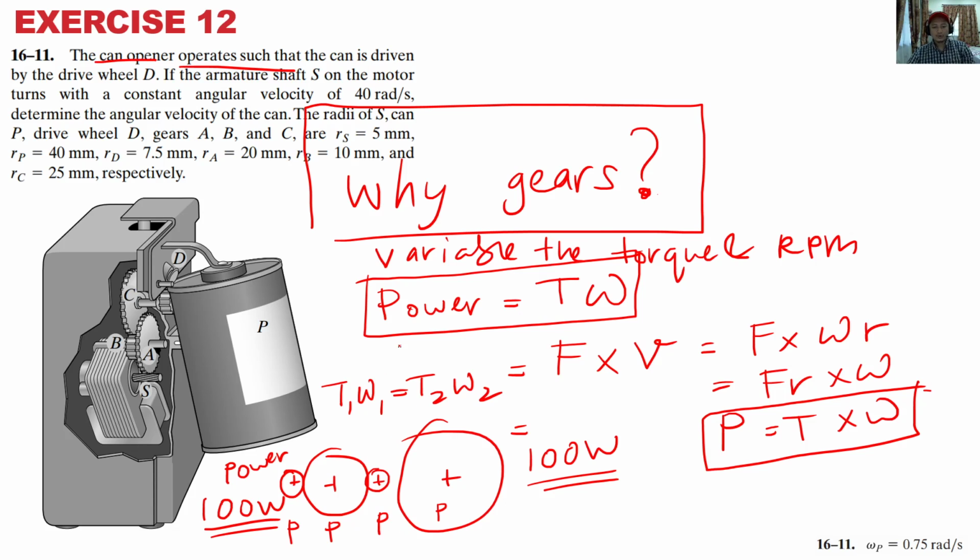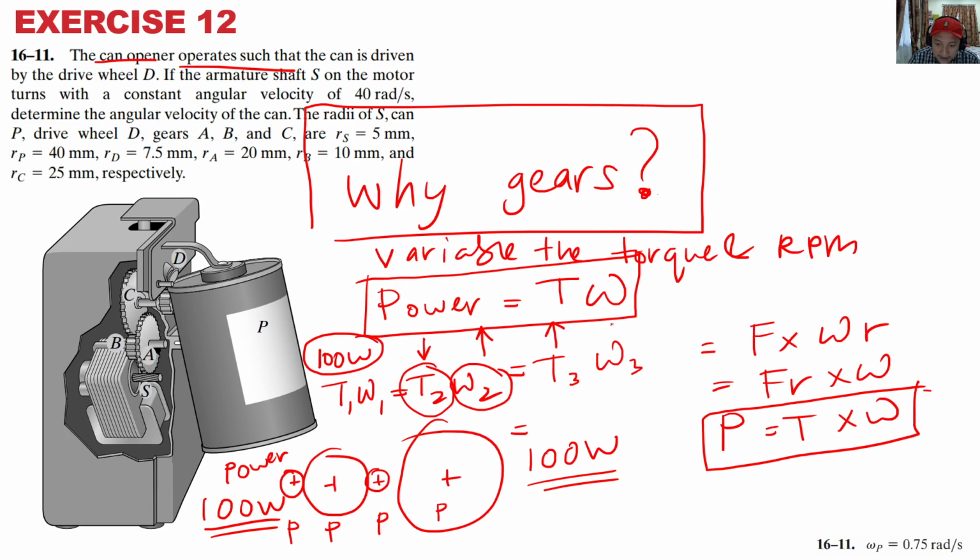There you go. So if you want a higher speed, let's say this is 100 watt, then this one will have lower torque. Similarly, for T3, omega 3, if you want higher torque, your speed will be lower.